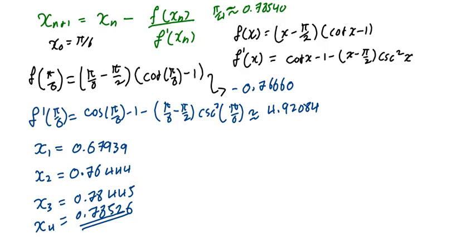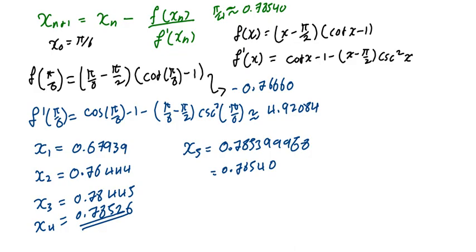If you do up to 5 iterations, your x5 is going to be equal to 0.785399968, so you are going to end somewhere here at 0.78540 if you use 5 decimal places.